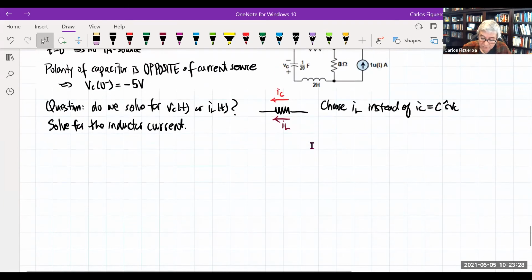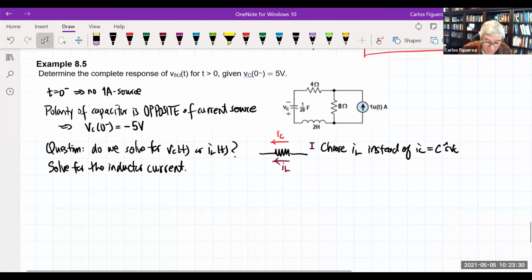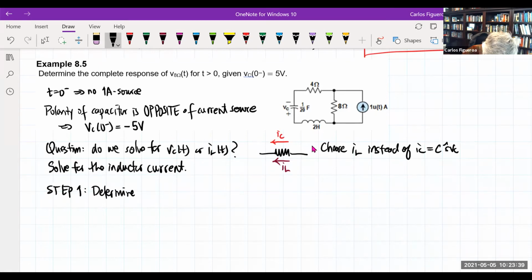So what I'm going to do is go to step 1. Step 1, I need to determine the second order equation. Let's go look at that.